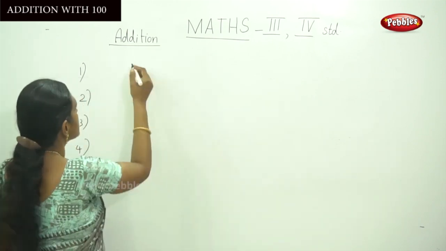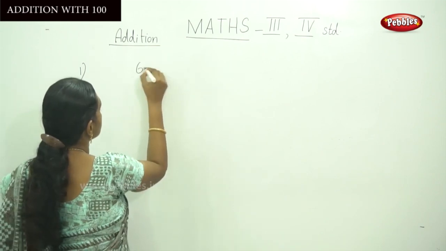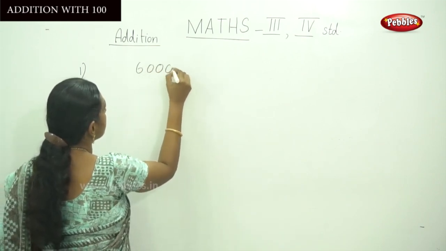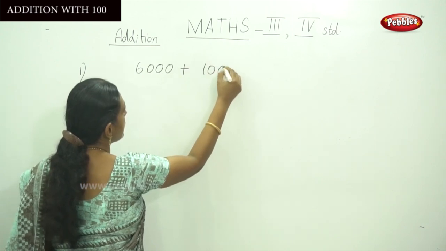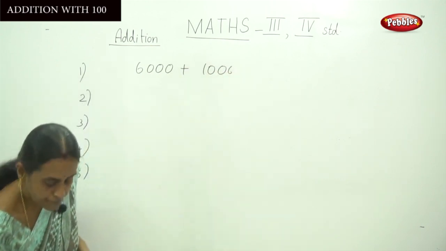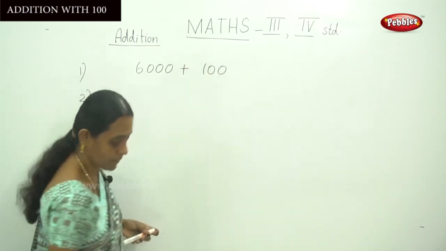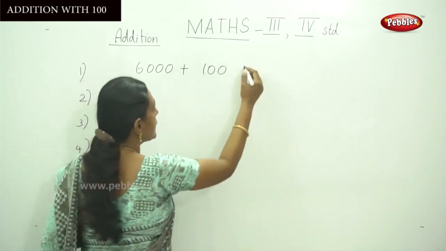For example, the sum 6000 plus 100, and find out the answer.